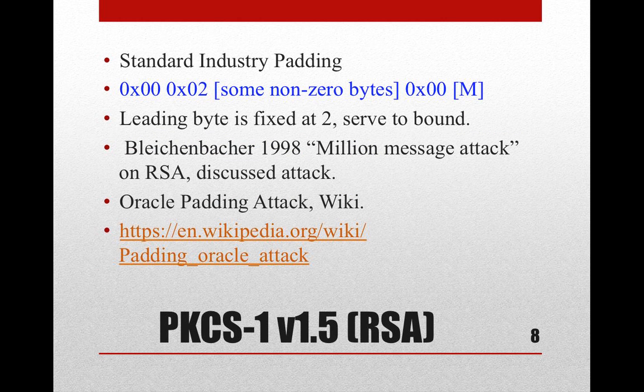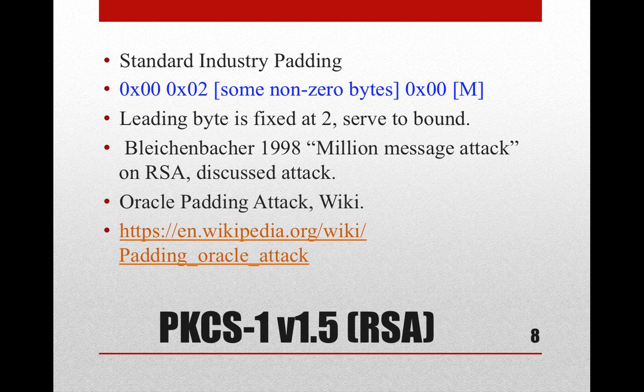What they showed on the slides was that because of this 2 here, these 2 bytes we actually know, this can serve as a bounds to figure out the rest of the RSA message.